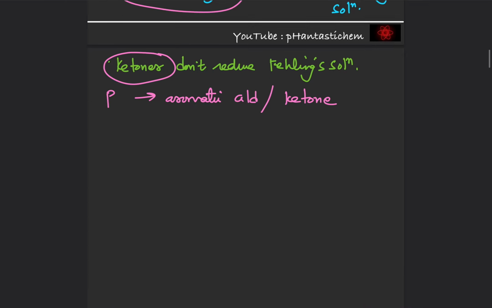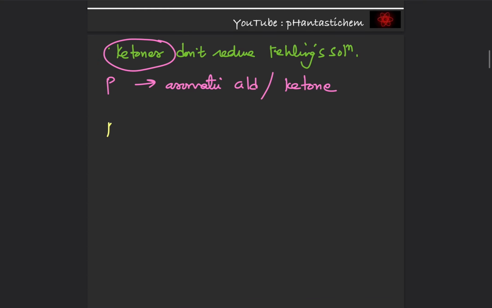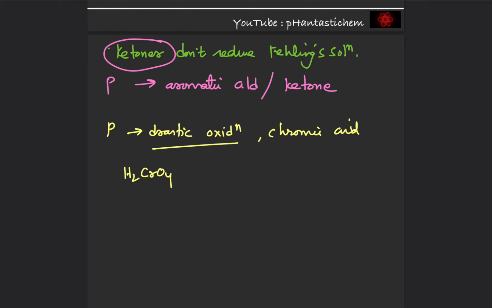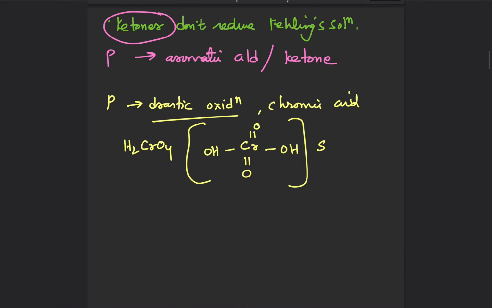Then the next information given to us is that P undergoes drastic oxidation, and that word is very important, with chromic acid. Chromic acid has the formula H2CrO4 and its structure is Cr double bond O, double bond O, OH, single bond OH. This is the structure of chromic acid, and it is a very strong oxidizing agent.